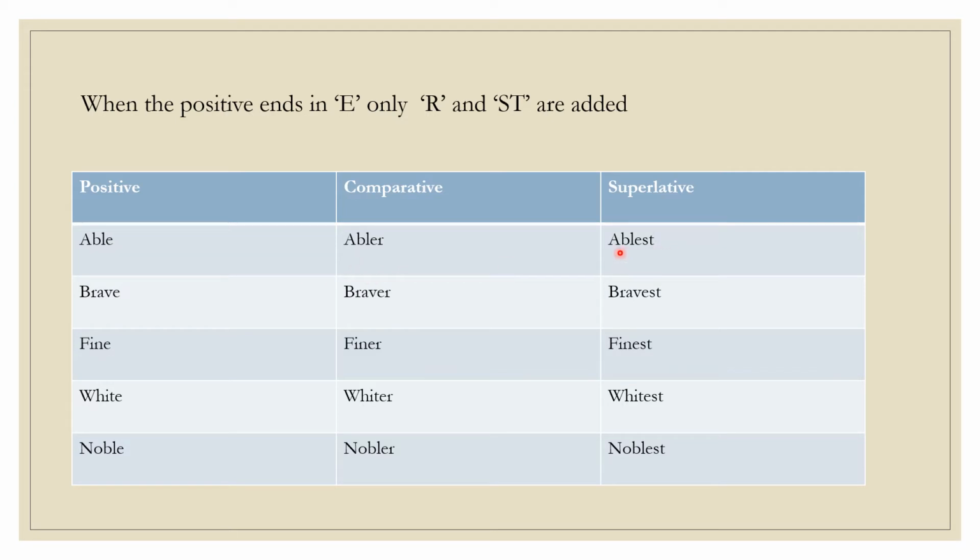In the superlative, ablest. The next example: brave, braver, bravest. Fine, finer, finest. White, whiter, whitest. Noble, nobler, noblest. So when the positive ends in E, you will only add R and ST. R to make the comparative and ST to make the superlative.